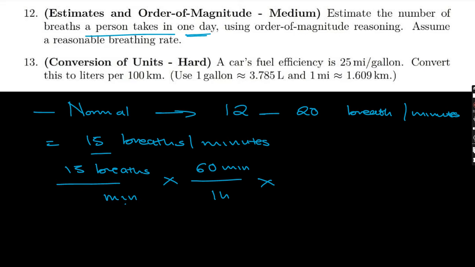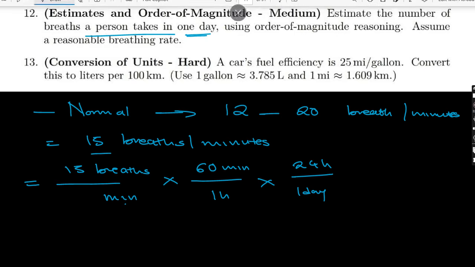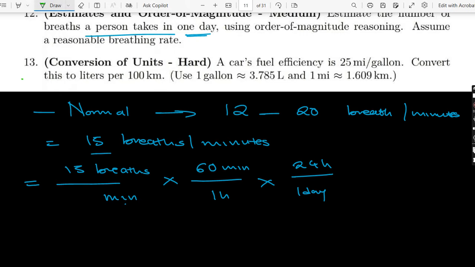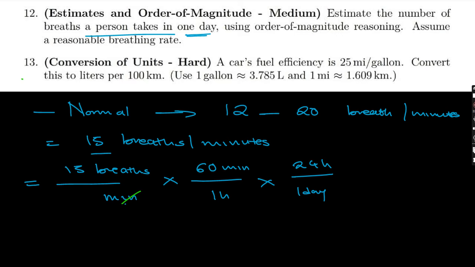Now what can we do to cancel hours to days? We are going to say one day is made of 24 hours. So the arrangement here matters only when we want to cancel some units. Sometimes it changes. What we want is to cancel hours, that's why we take that on top, and the hours cancel.